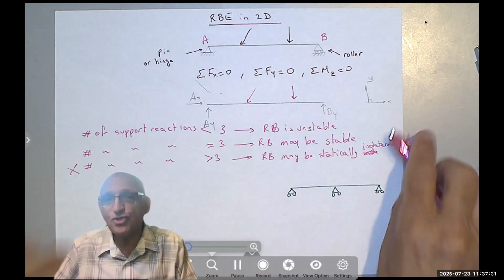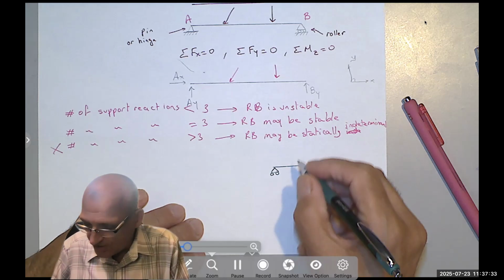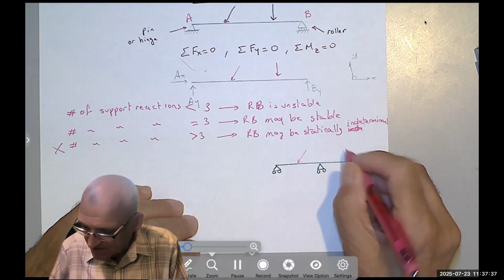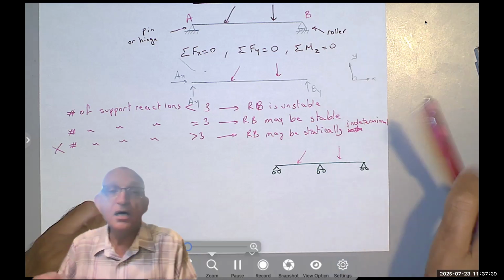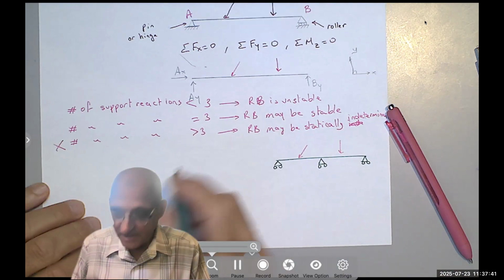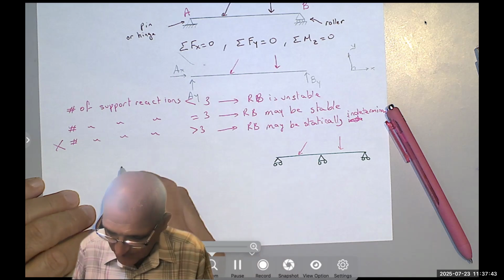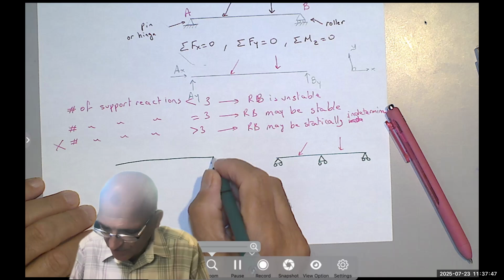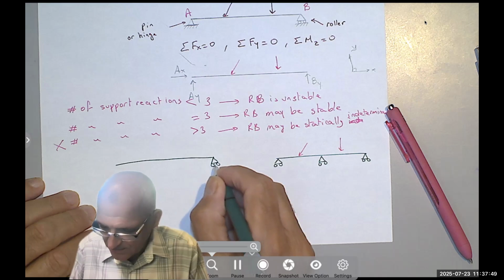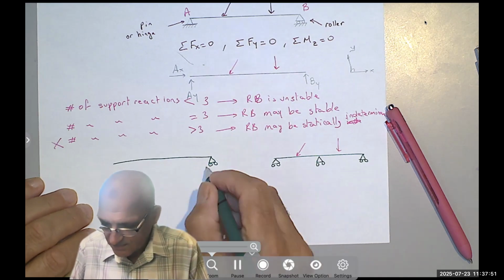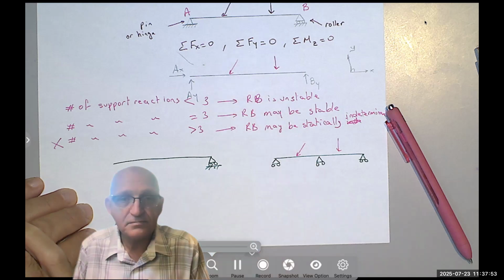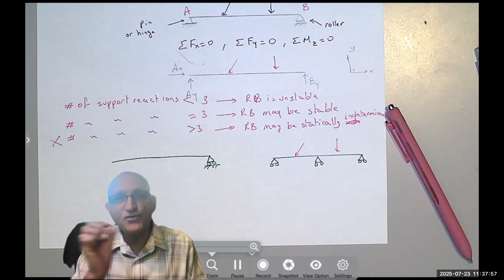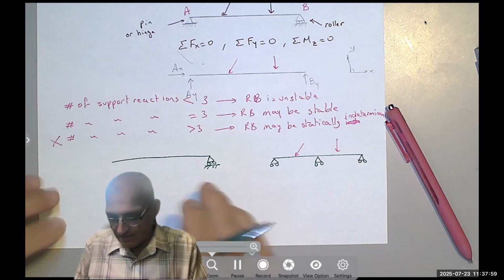Now, I'm going to show you another case where I'm going to use three support reactions and the rigid body is still unstable. Okay, here I have my roller. Notice, as I said, the roller here allows for small motion.